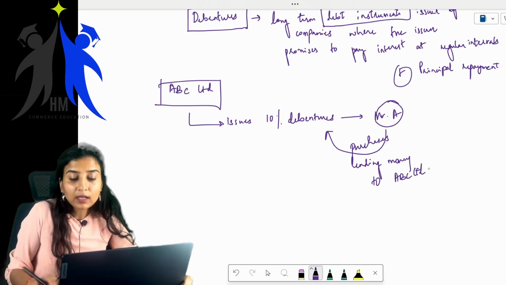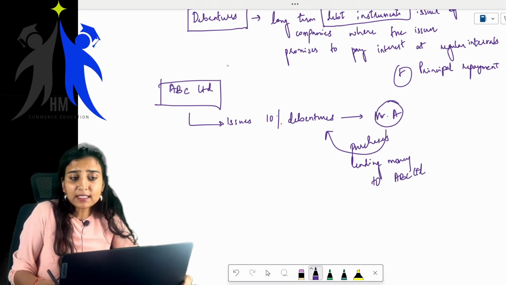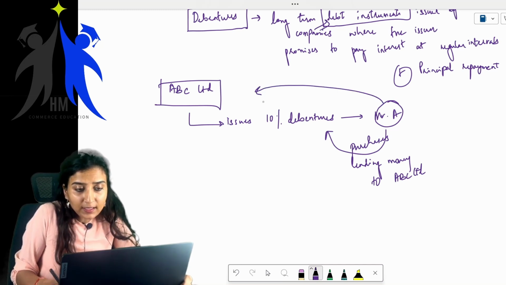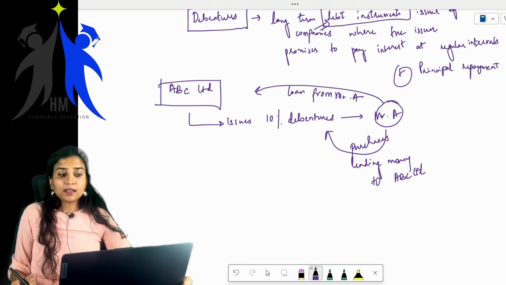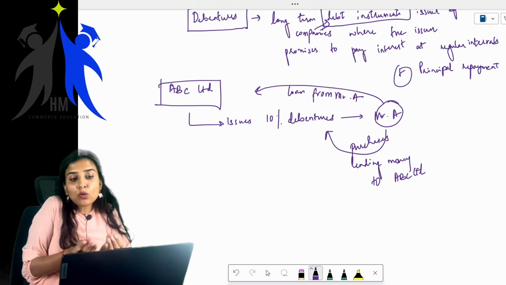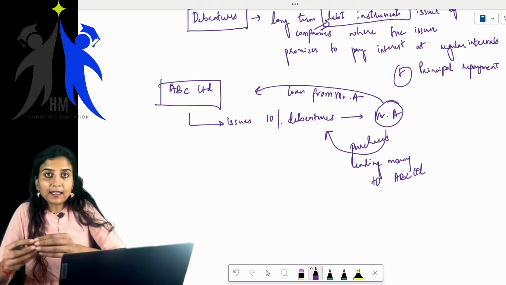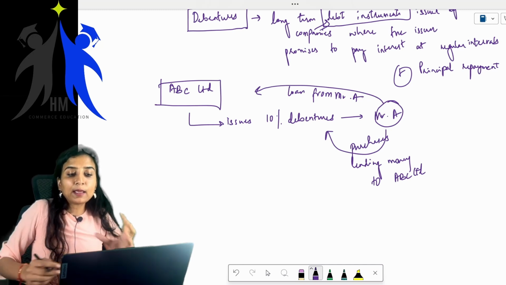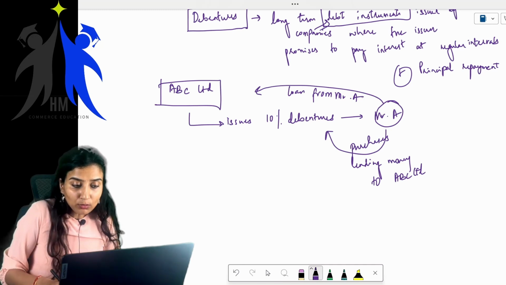Obviously these are debt instruments, so ABC is taking a loan from Mr. A. Getting it? If Mr. A is purchasing debentures, he is giving a loan to ABC Limited, and ABC Limited is taking a loan from Mr. A.